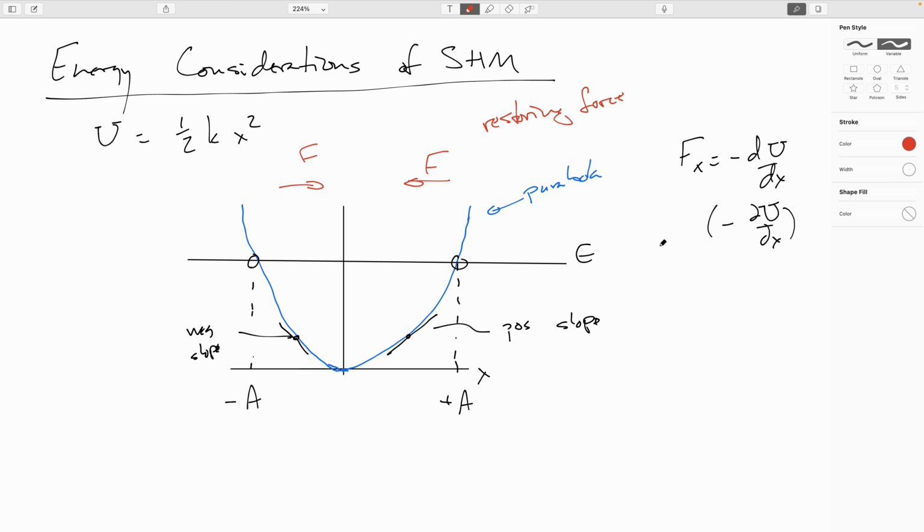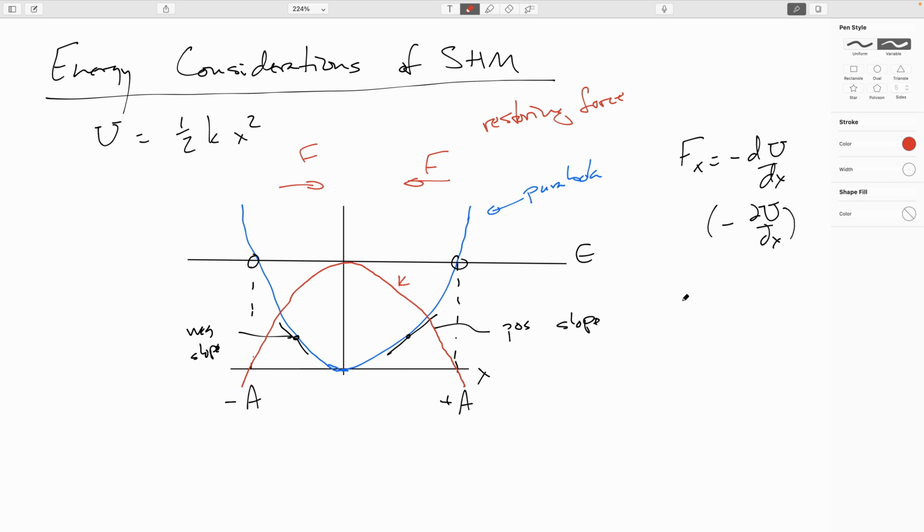All right. So we know that whatever isn't potential is kinetic here. So I can go ahead and start plotting the kinetic energy. Like so.